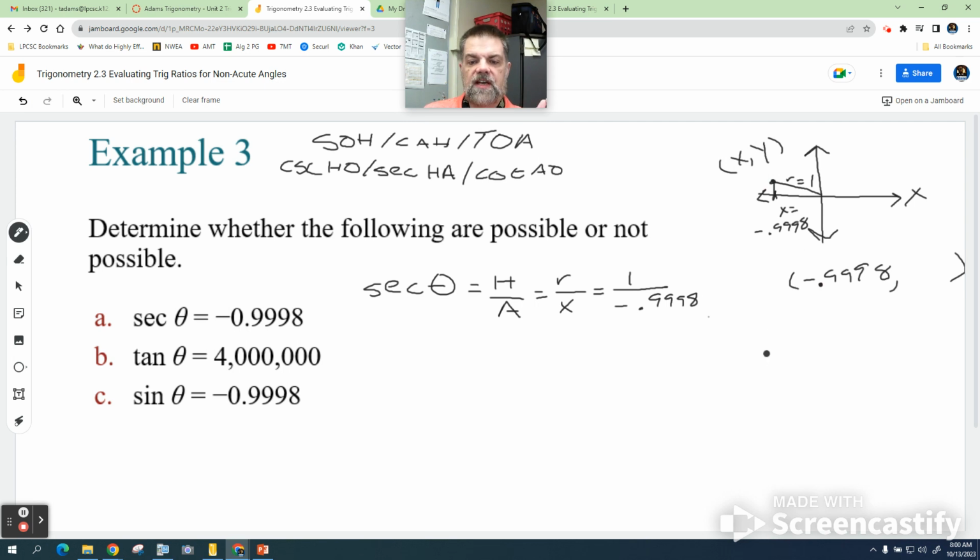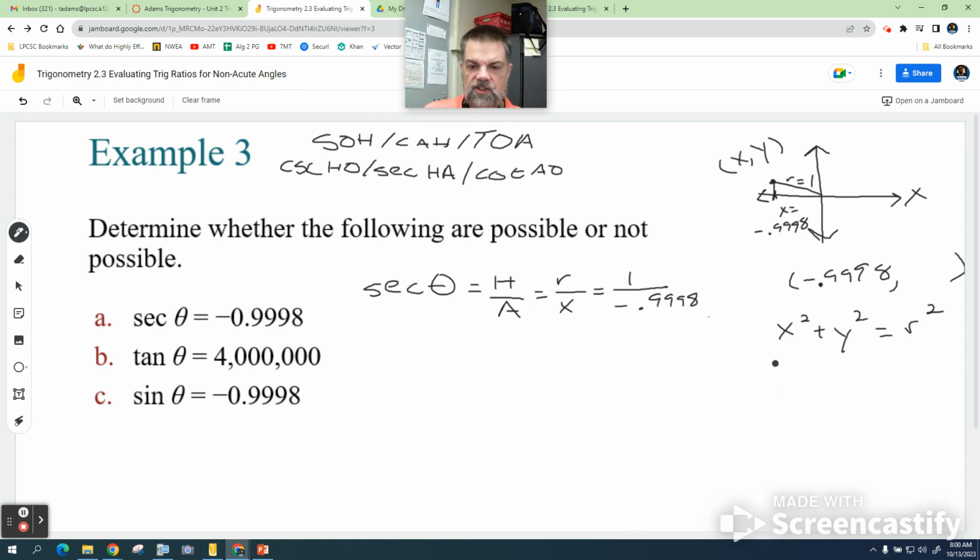So how do I figure this out? Well, we just go x squared plus y squared equals r squared. And if we can get an actual answer, then yeah, it exists. What will probably happen if you can't get an answer is you'll have the square root of a negative number or something wonky like that, and then it can't exist because we can't take the square root of a negative number and have a real solution.